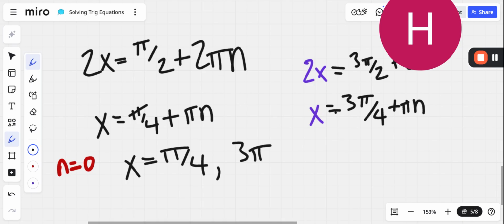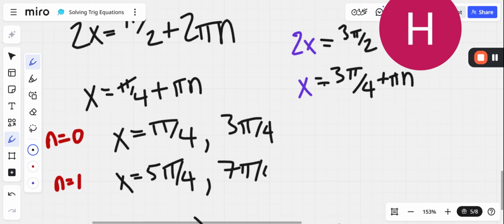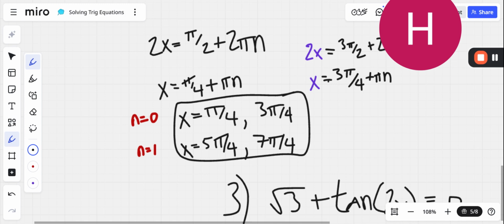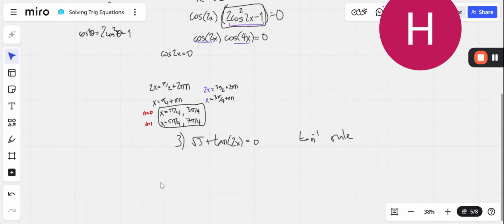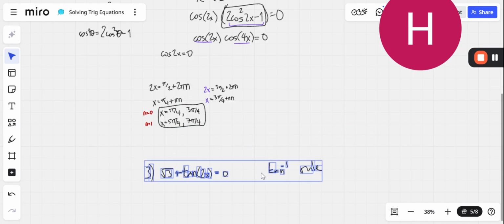Whereas if n equals 1, we get 5 pi over 4, and we also get 7 pi over 4. That's from both of these lists. Running into the bottom problem, let's make more space. Okay, we found 4 solutions for that.